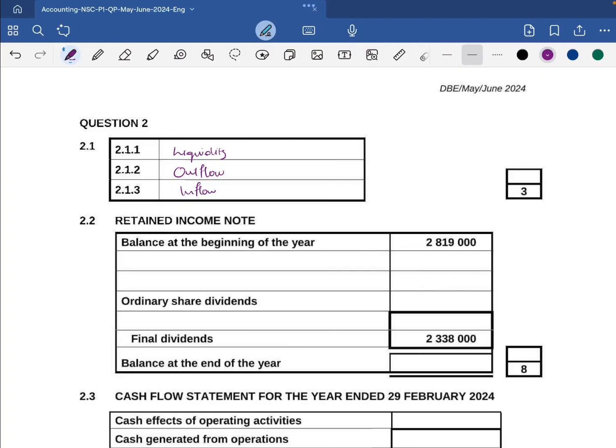The first thing that I recommend is to come to your retained income note and put in the line items that you need to calculate. So here we will have our net profit after tax, and then here we are going to have our repurchase of shares.